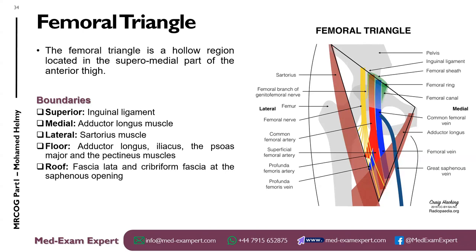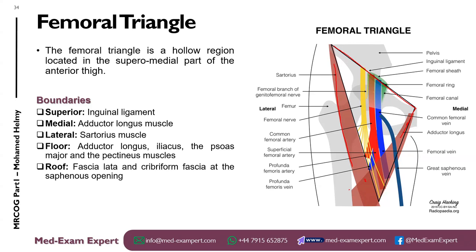The femoral triangle is bounded superiorly by the inguinal ligament, medially by this muscle, we call it the adductor longus muscle, and laterally by a muscle called the sartorius muscle. And the floor of the triangle is made by muscles, a continuation of the adductor longus, and other muscles: iliacus, psoas major, and pectineus.